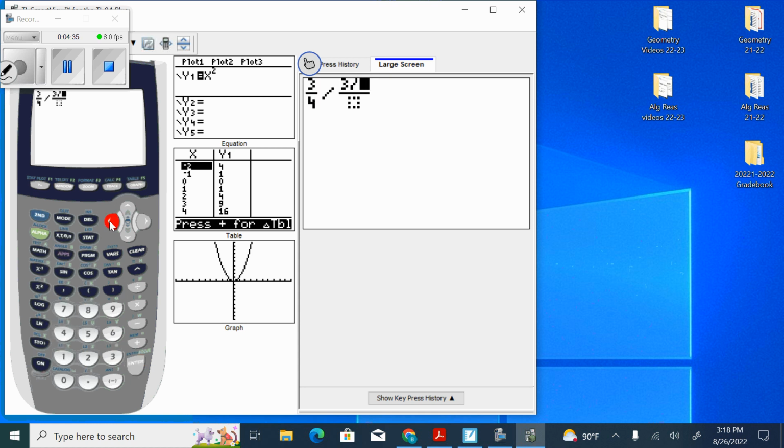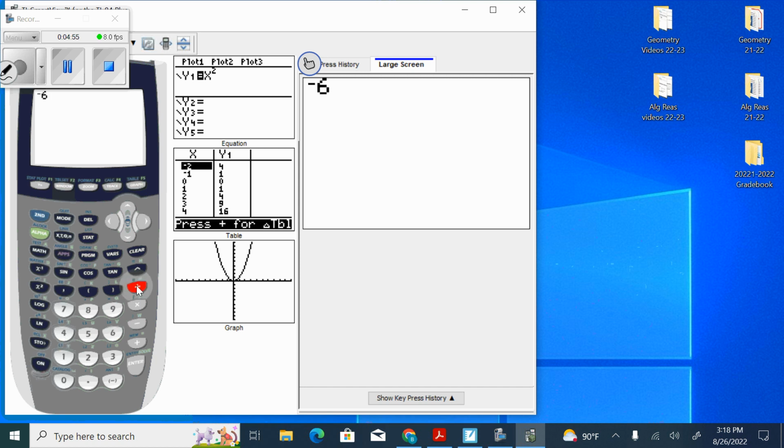Oops. Didn't move to the bottom. There we go. Okay. What do we get? Oh, sorry. I put the wrong thing in there, didn't I? Sorry, guys. What was it? Negative 6. Thank you.